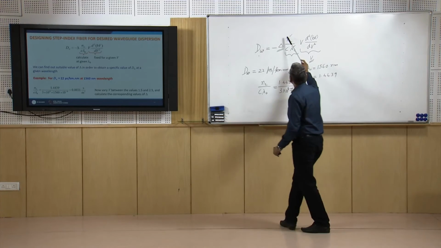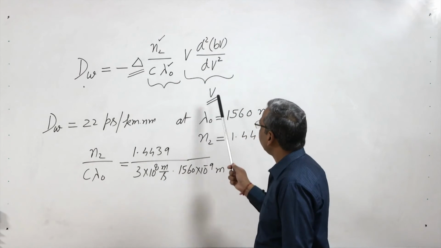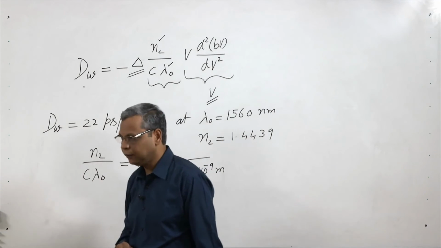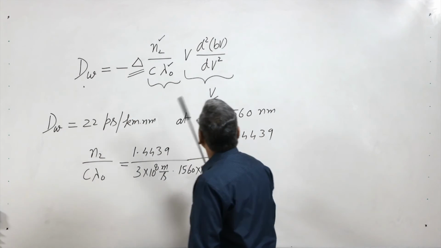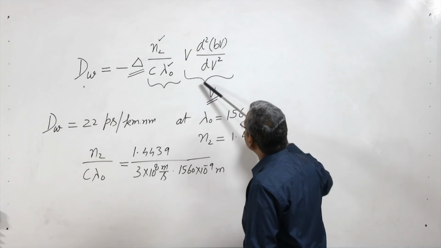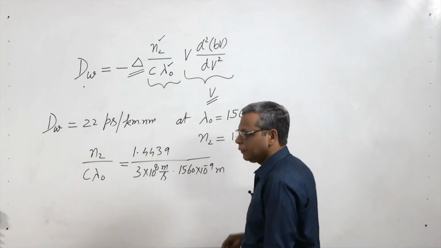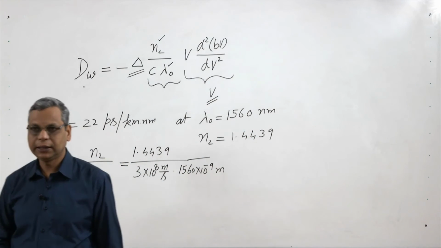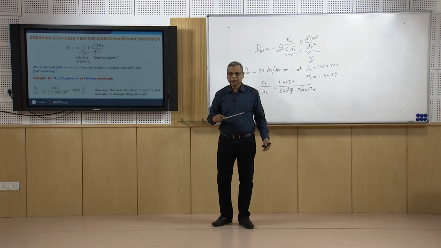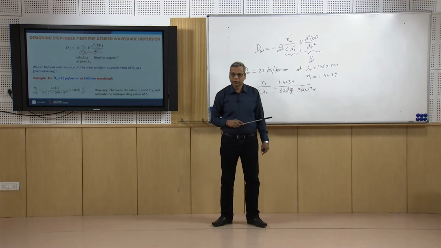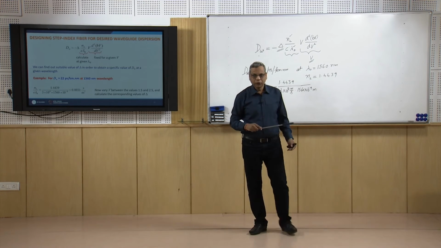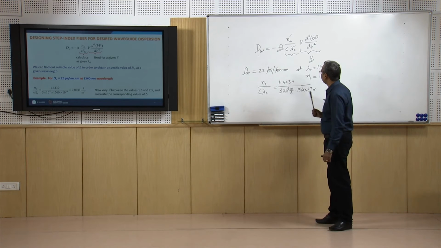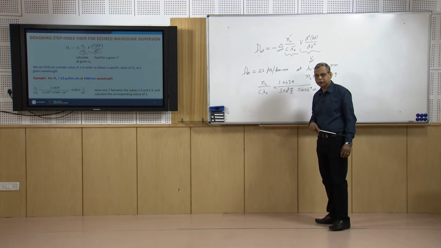So, this is fixed. Now, I vary the value of V, let us say from 1.5 to 2.5, and I get this V times d2bV over dV square, for example from Marcuse's formula, which I have shown in the previous lecture, that it gives you much more accurate value of V times d2bV over dV square, for any given value of V lying between 1.5 and 2.5.